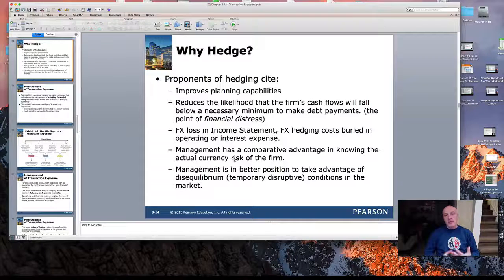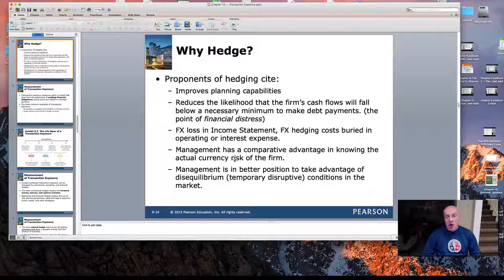So foreign exchange then, by hedging, helps to reduce the variability in the cash flows. It helps us to protect our cash flow against adverse foreign exchange movements in the future. Any FX losses that we have are booked in the income statement. This is if they're unhedged.